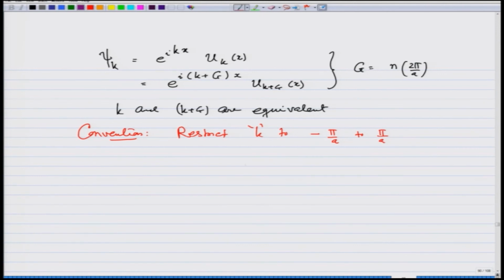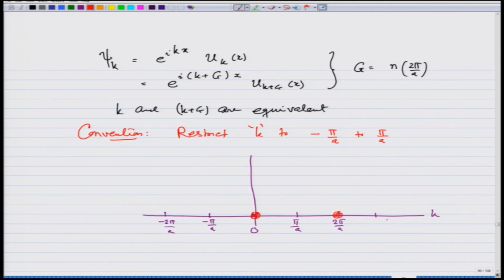Just to show it pictorially, if I have k equals 0, pi by a, 2 pi by a and so on, minus pi by a, minus 2 pi by a, then what we have discussed so far is this point at 0, which I am showing by red circle, is equivalent to this point. The point at pi by a is equivalent to minus pi by a and so on, and this 2 pi by a is equivalent then to 4 pi by a and so on.